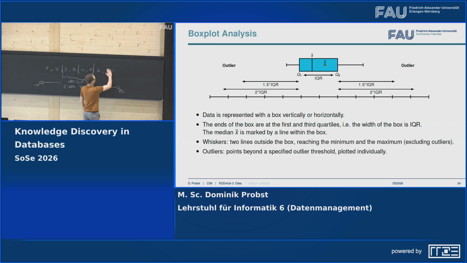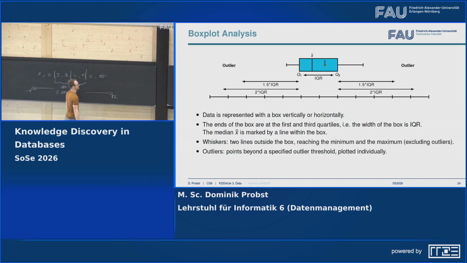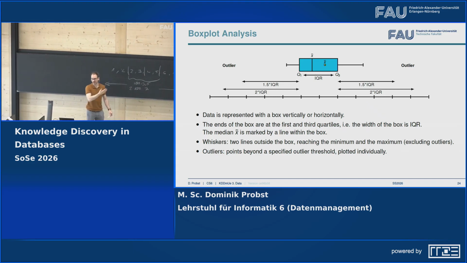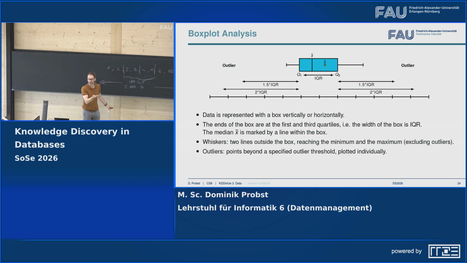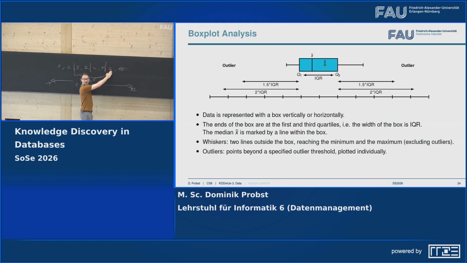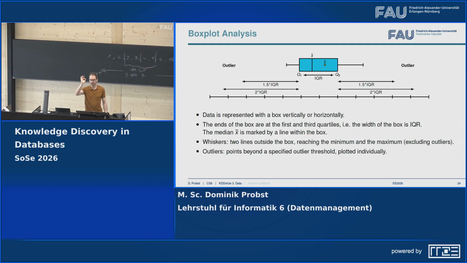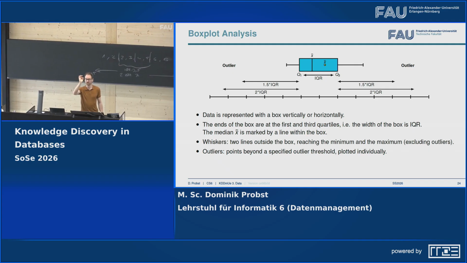If we would replace this one with a 13, the quartiles would stay the same, because quartiles are not sensitive to outliers. Then, of course, the upper whisker would lie at 6, and the 13 would become an outlier, and this outlier would be displayed as a little circle at the point of 13.